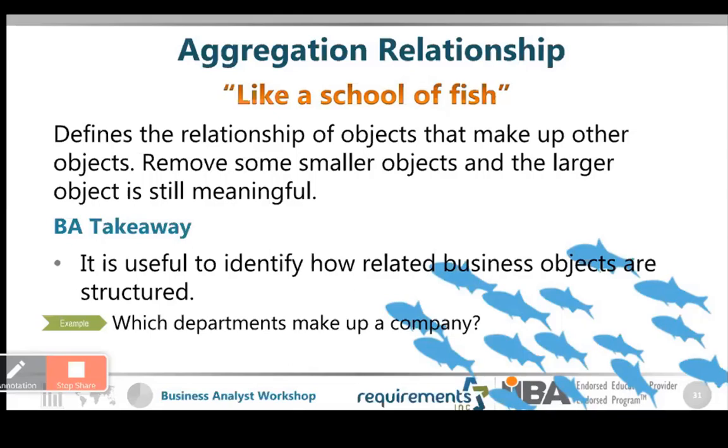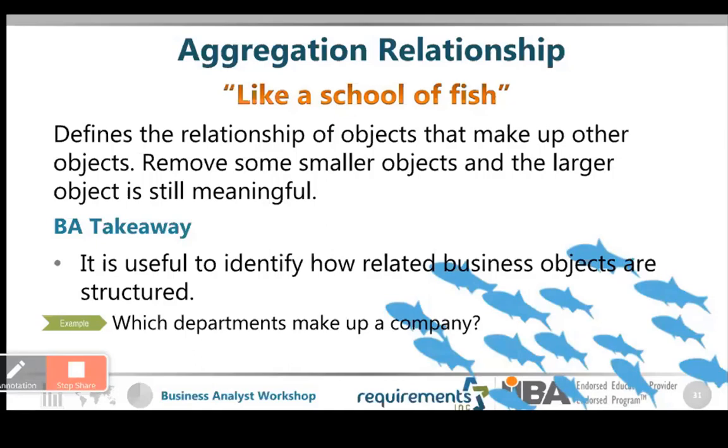So in this aggregation relationship, many parts make a whole, and if you take away a part, the whole still remains undisturbed. You have a school of fish. Remove some fish, it's still a school of fish, correct? Unless most of the fish are gone and you only have one fish. Still, you have a larger picture, and the parts contribute to the whole but don't make up the whole.